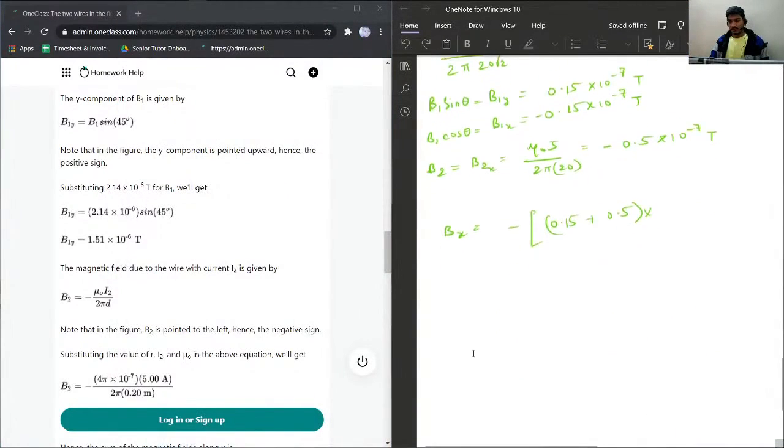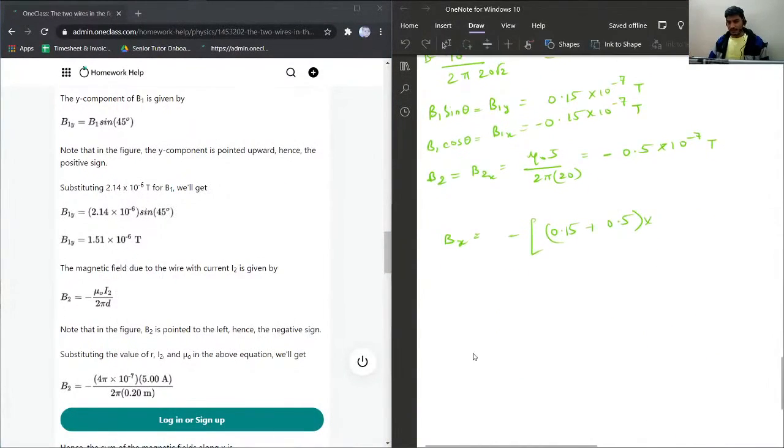So it was minus of 0.65 into 10 power minus 7, and By will be the same. So By was 0.15 into 10 power minus 7, and we'll just take the magnitude.